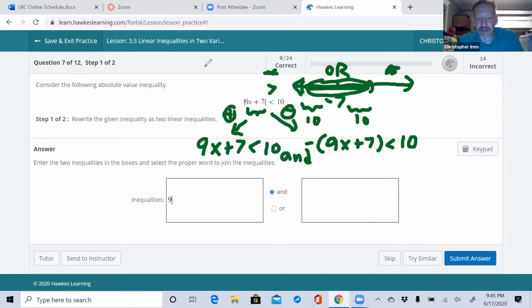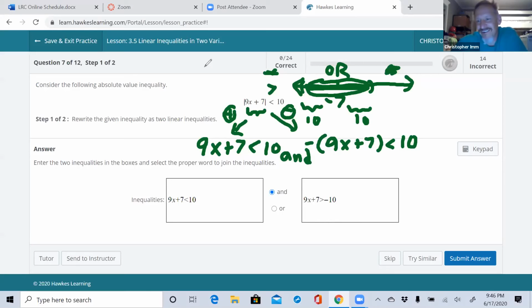I should be able to say, all right, 9x plus 7 is less than 10. And I know a lot of you do this anyway, but I could go ahead and divide by that negative 1 and simplify this out a bit. I don't know if it'll like me putting it in exactly how it is there. So I'm going to divide by negative 1, but when I do that, I need to switch the inequality. So and 9x plus 7 is greater than negative 10.